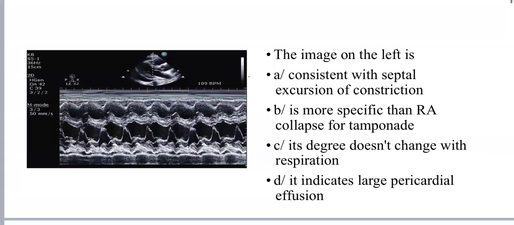The image on the left is consistent with septal excursion of constriction, is more specific than RA collapse for tamponade. Its degree does not change with respiration. It indicates large pericardial effusion.